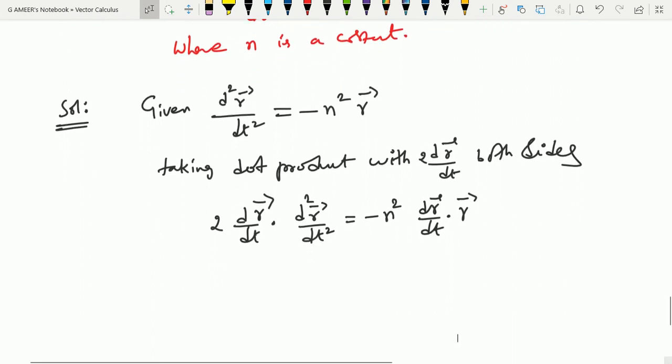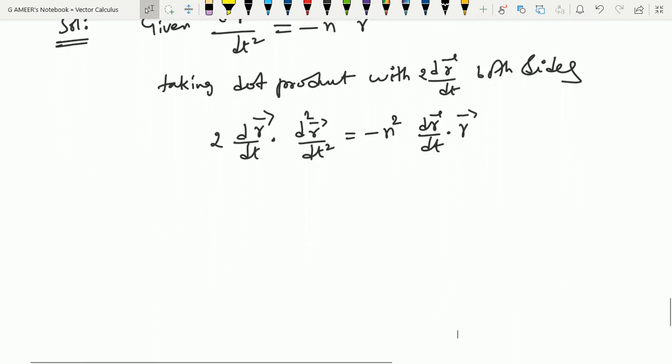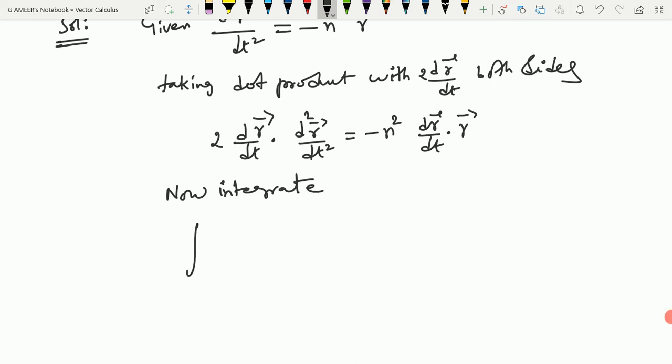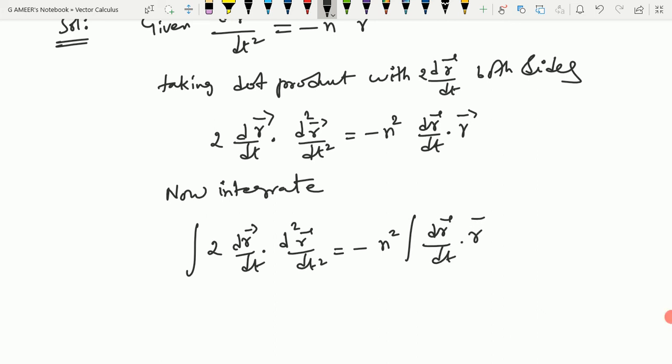Now integrate. Integrate 2 into dr by dt dot d square r by dt square is equal to minus n square into the integration of dr by dt dot product with r.